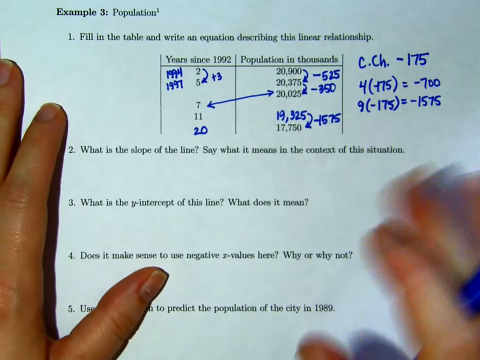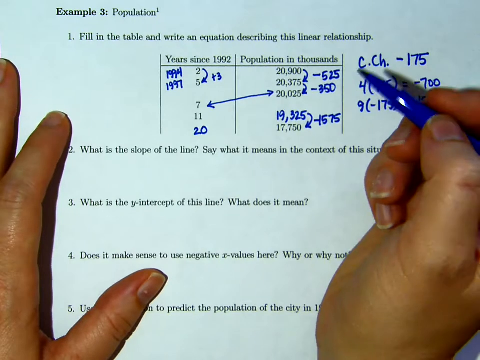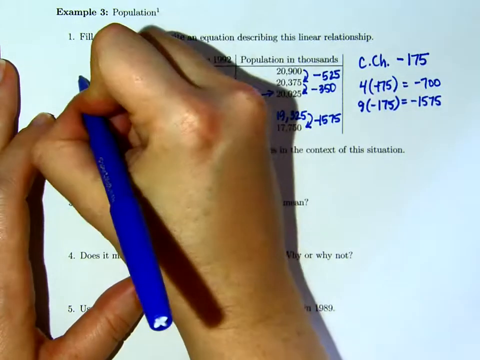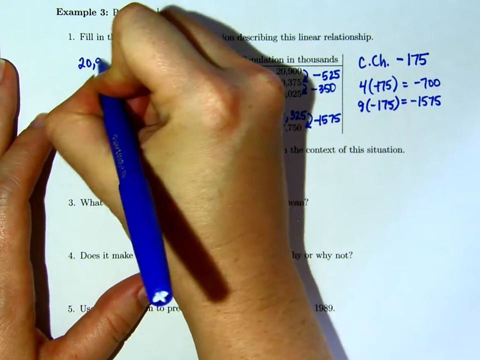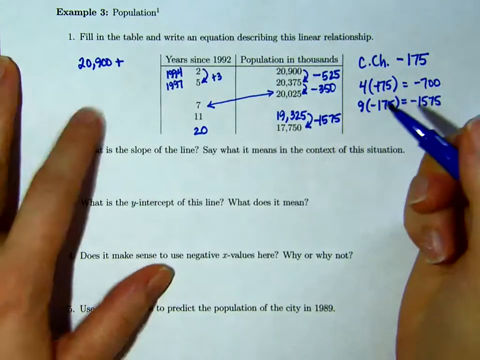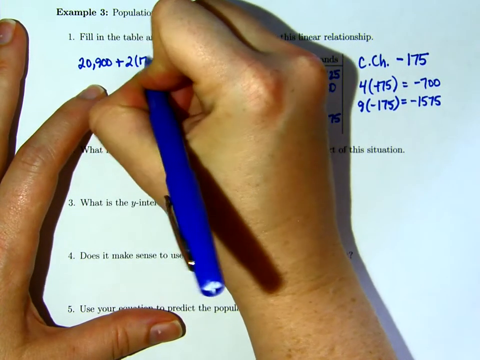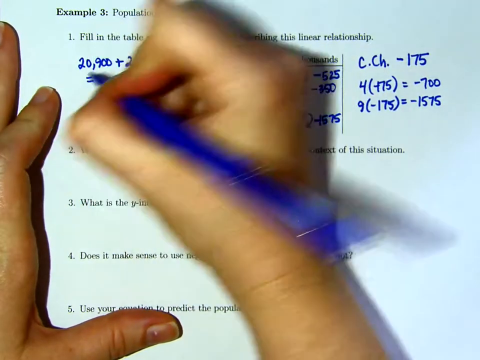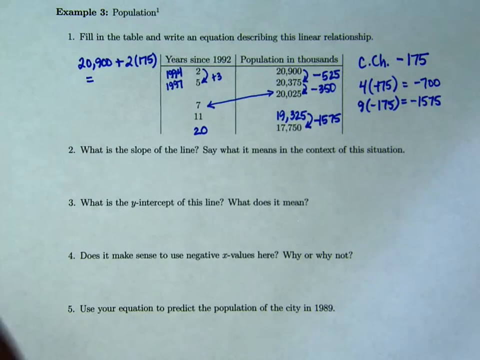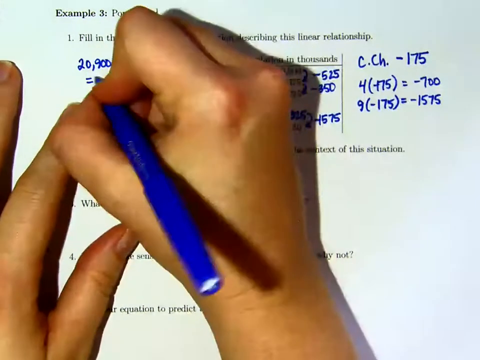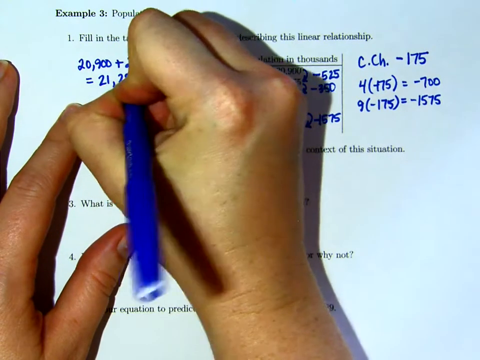So, we need to take 20,900 and add 2 sets of 175, and that will give us 21,250.